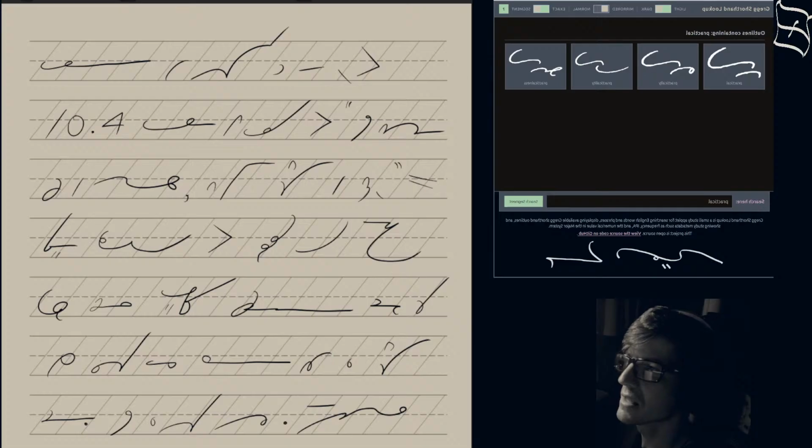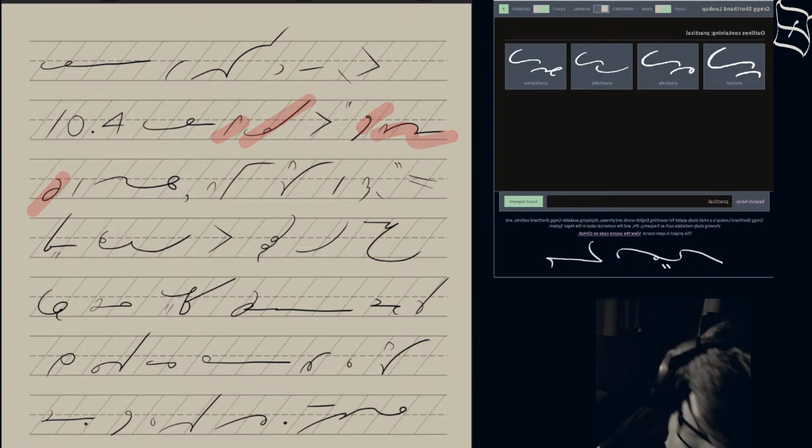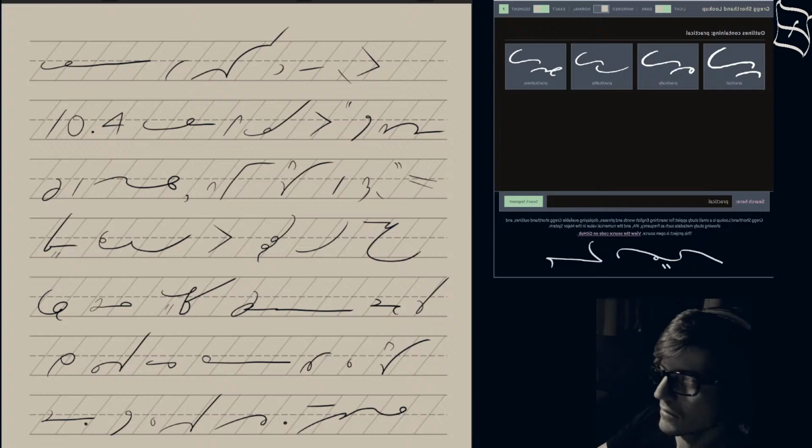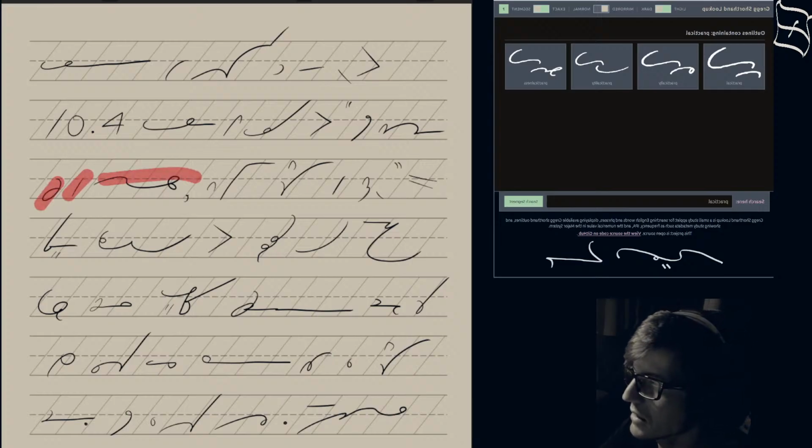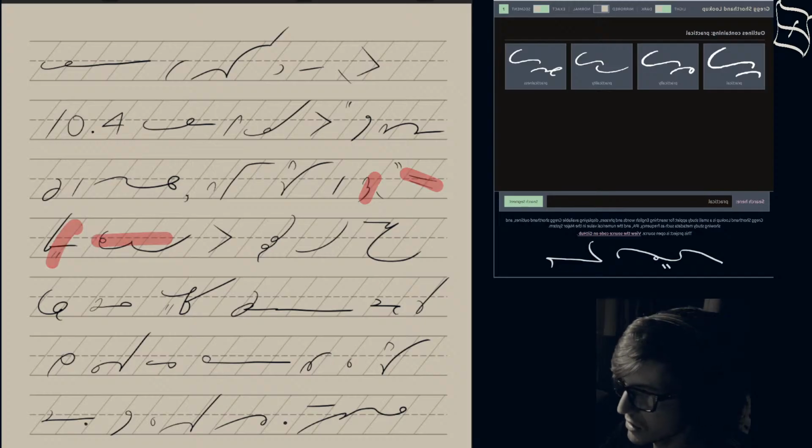Here's our marker. 10.4, learn to read. If you cannot say it clearly, you don't understand it yourself. And that was John Searle.